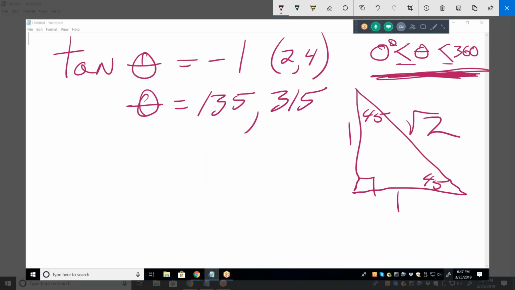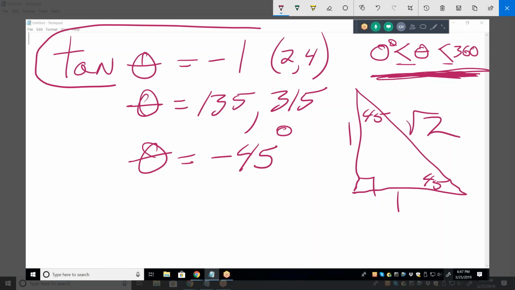Go in your calculator and look up the inverse tan of -1. What's it give you? Well, if I'm trying to solve that equation from a calculator, then if tan of theta equals -1, take the inverse tan of both sides and you get theta equals the inverse tan of -1.